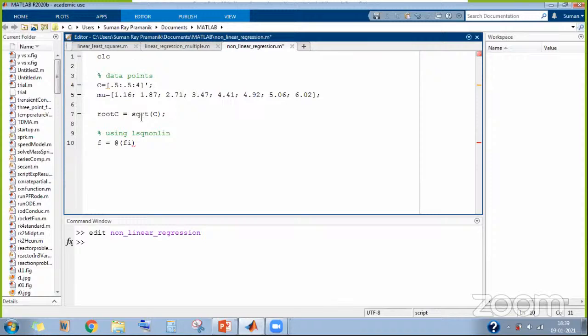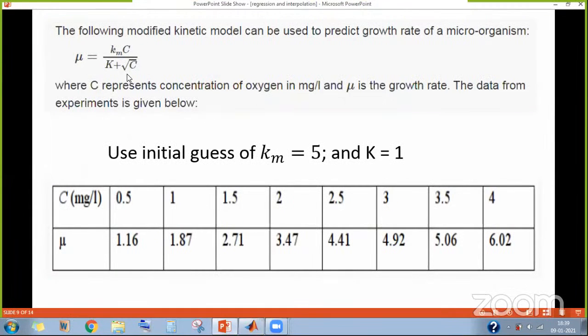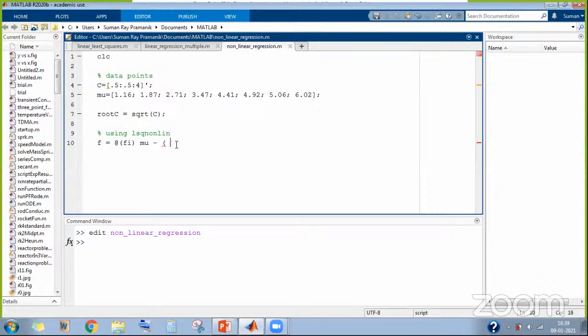Not constants, actually, these are also variables, but we have them with us, so we can use them in the expression. So it will be something like this: mu minus kmC by K plus root of C. The phi we have taken in the function has the km and K values.